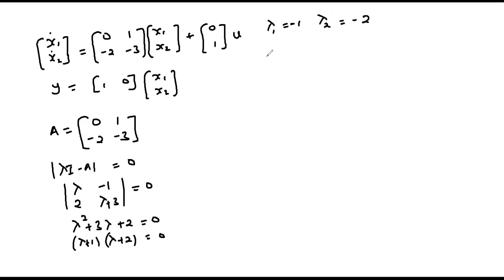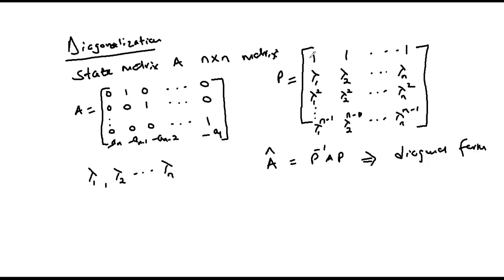We determine a transformation matrix P from the eigenvalues of the matrix A. Our matrix P is supposed to be a matrix whose first row is ones, and the second row is the roots, lambda 1 to lambda n.